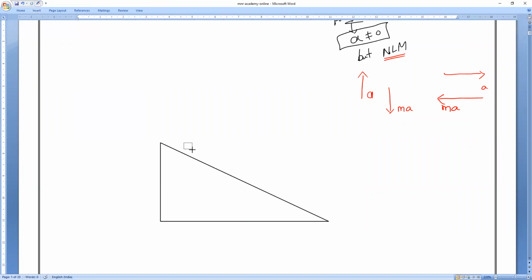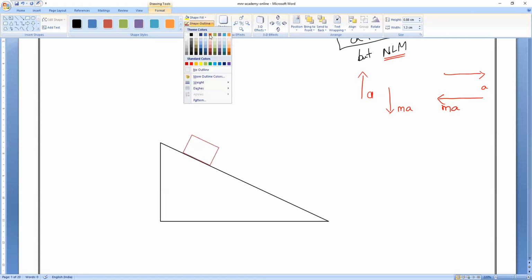So there is an inclined surface with a mass. Let me rotate it and keep it. This is a mass which is kept on the inclined surface. Now is it clear, everybody? The mass of the object present on the inclined surface is small m.